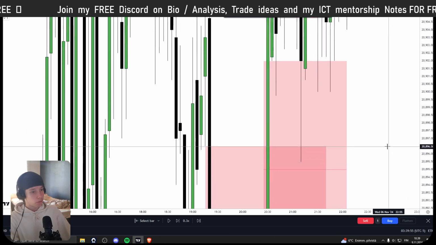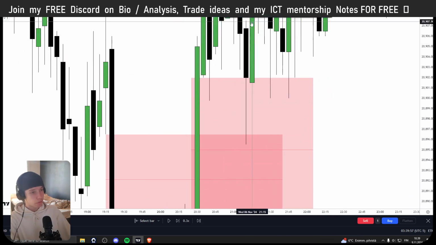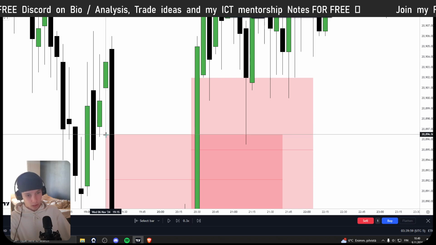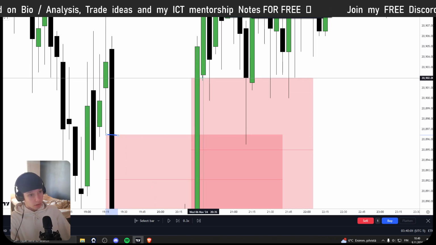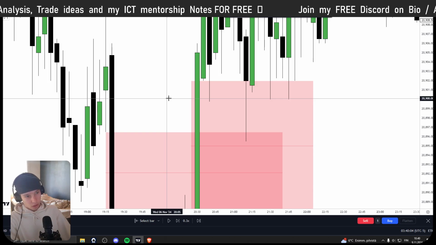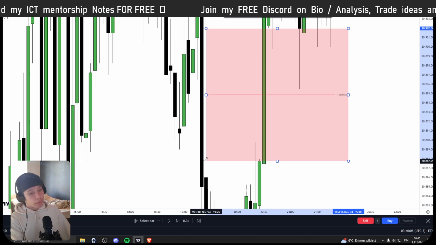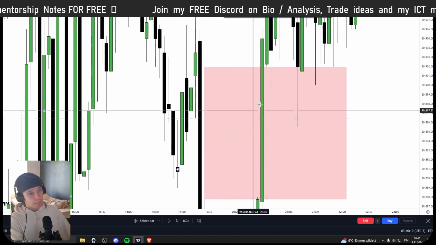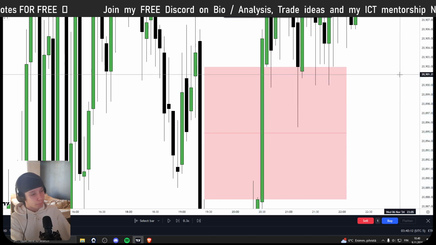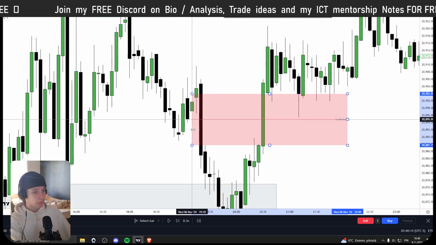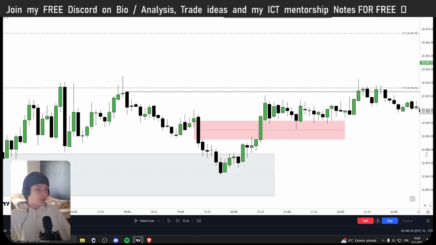What's the highest price of the balanced price range? Definitely not this one. This is much higher. So we would draw the balanced price range from this price, anchor it there to the high here. And this is your balanced price range. So this is now correctly drawn.